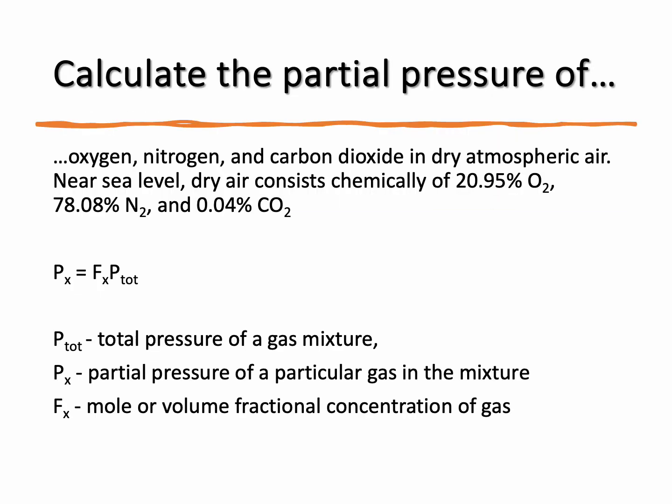You're turning in a sheet to go with this video, and I want you to practice calculating partial pressures. Partial pressure takes the percent or mole fraction of the gas times the total pressure, and you'll get the partial pressure.